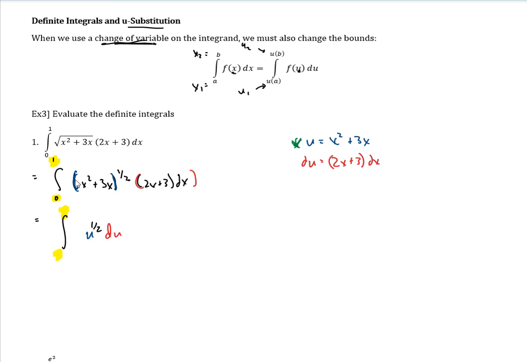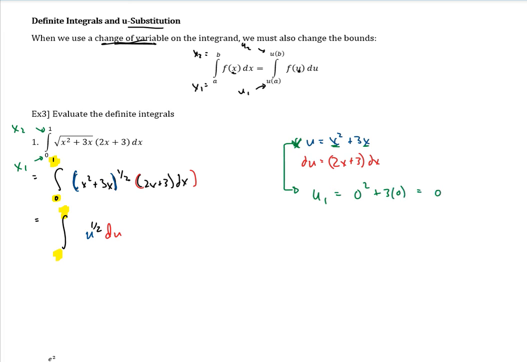Okay, and all we do, so again, this here is like x1, this here is x2. So these are x values. All we'll do is plug those in to our u equation. So we're just going to put a line here. I'm going to say u1 is equal to our x value that has x1 with it, so the little 0. So all we're doing is plugging 0 in. So 0 squared plus 3 times 0.